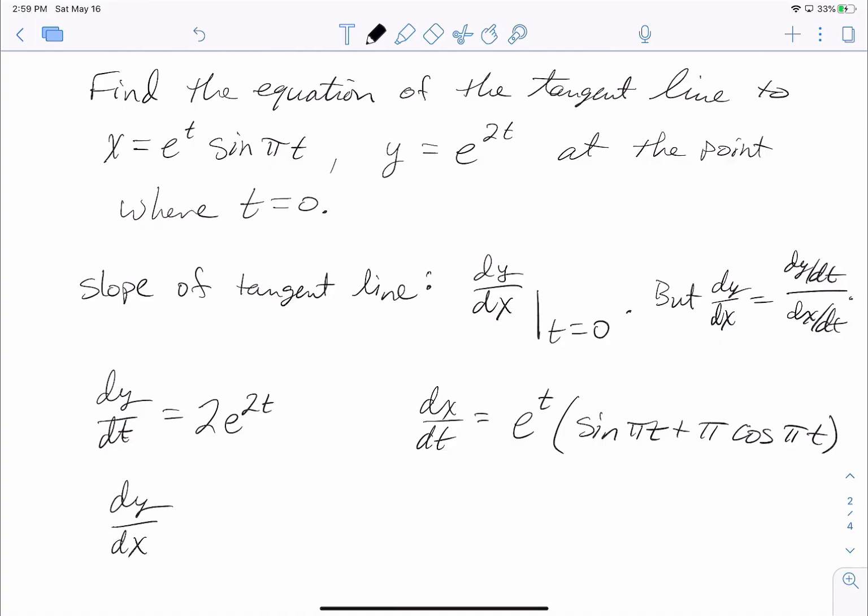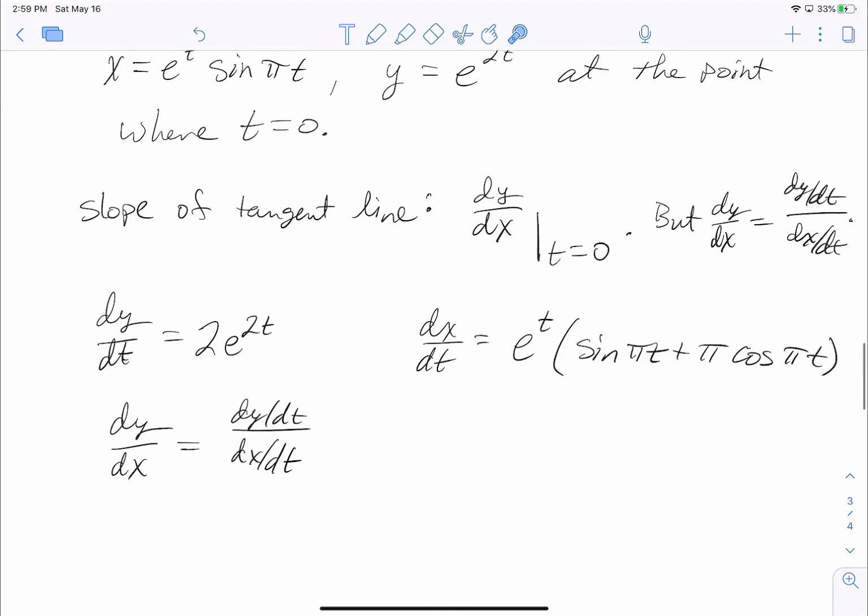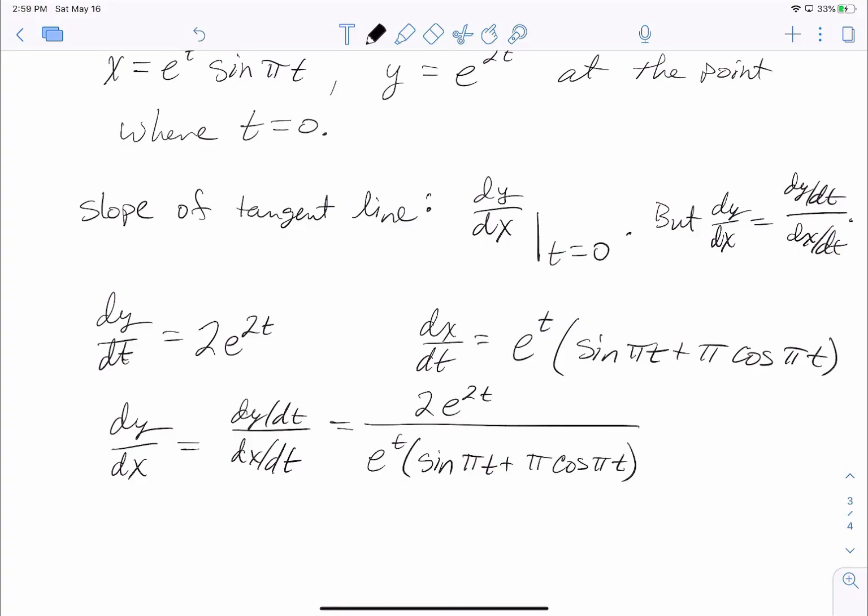dy/dx then, as we just said, is dy/dt divided by dx/dt. I do recommend that you write it out a lot so that you know it when you need it. It is equal to 2e to the 2t in the numerator divided by e to the t times the sine of pi t plus pi times the cosine of pi t.